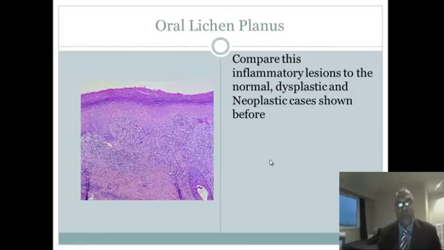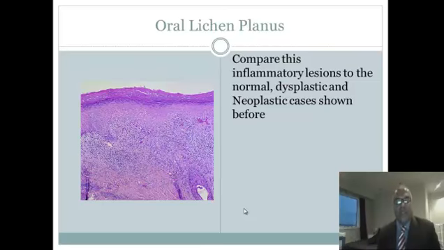So if you can remember the pattern between the normal to the dysplastic, neoplastic to the immune or inflammatory, then those pattern changes that you see, just put that into your mind, and try and recognize that, because that technique of recognizing pattern differences in histopathology is something that you can also utilize in the clinical situation, where you can look at the difference between a normal and a diseased mucosa.